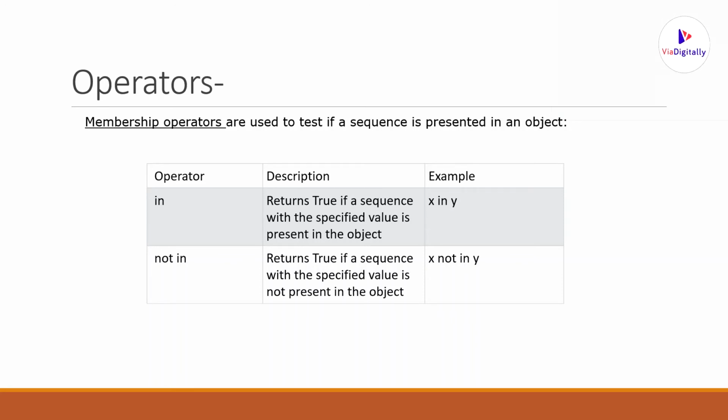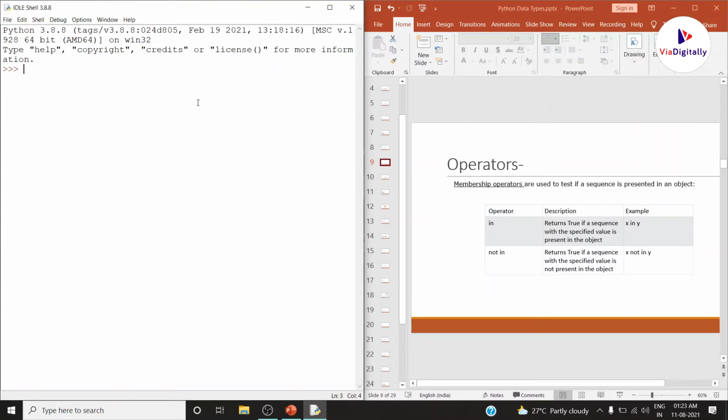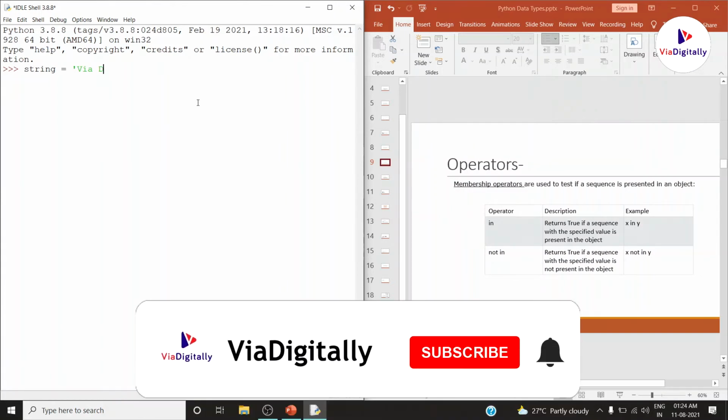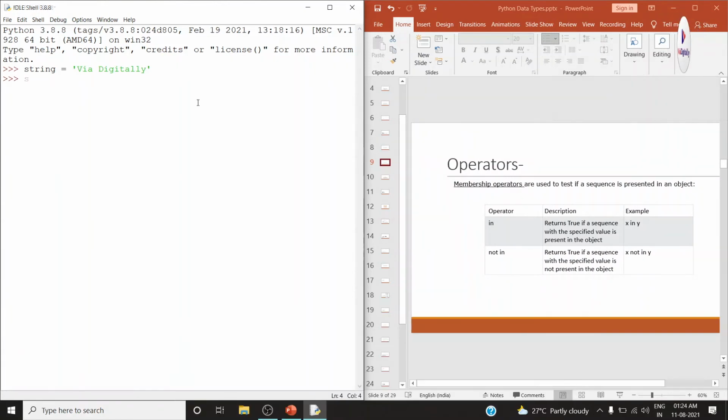Coming to the programming of membership operators, these deal with whether the given sequence is present or not. For this, let me take one string named via digitally. Via digitally is my string. Let me check what the string is holding.